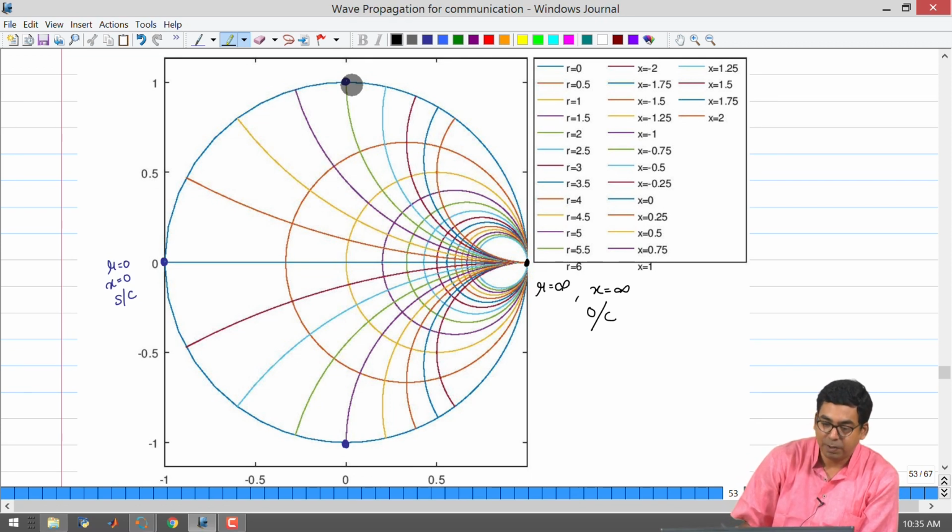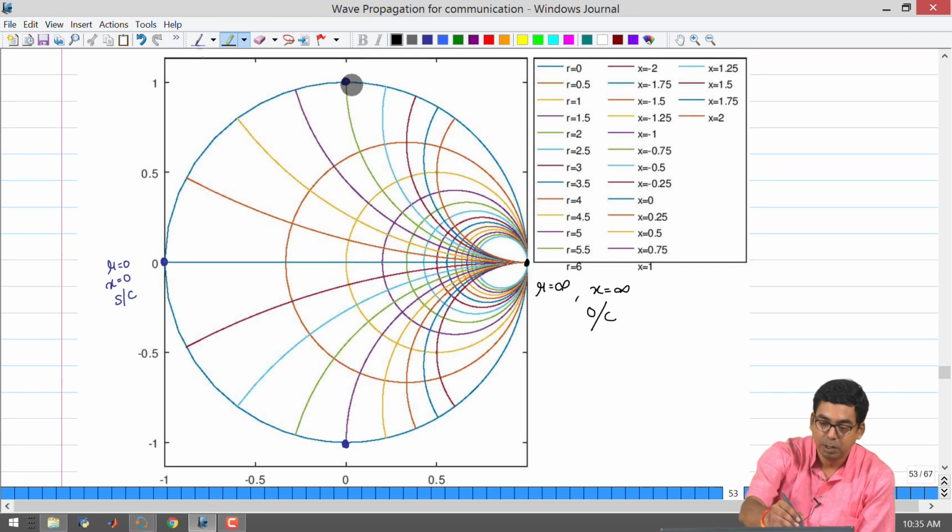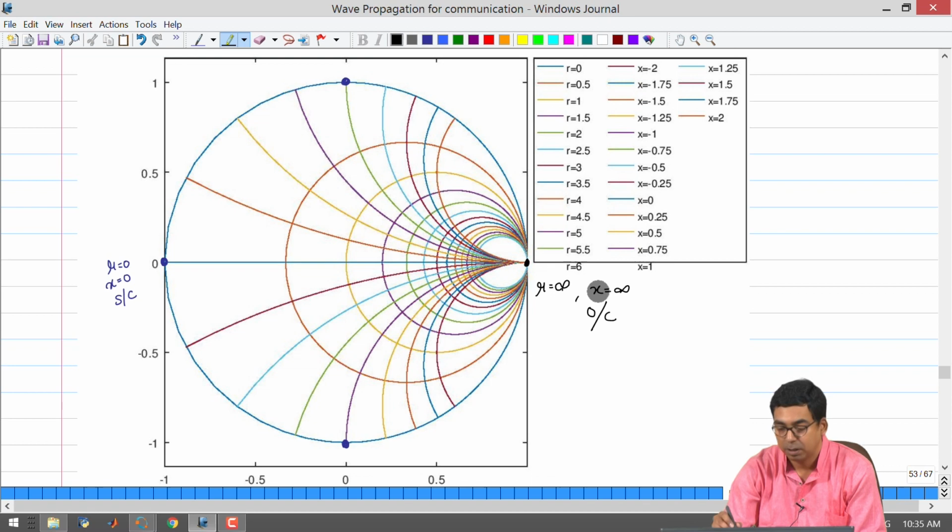Now, given some value of load impedance, and suppose it has a real and an imaginary part, the first step that you will do is normalize the given load impedance with respect to the transmission line characteristic impedance to get small r and small x.